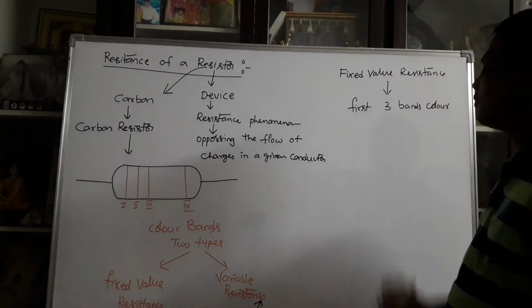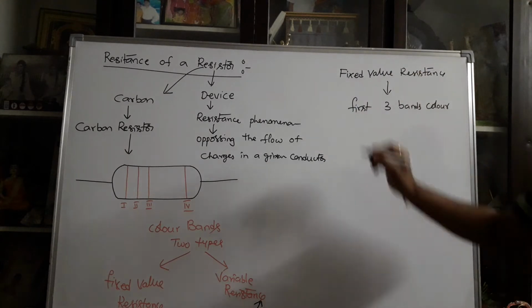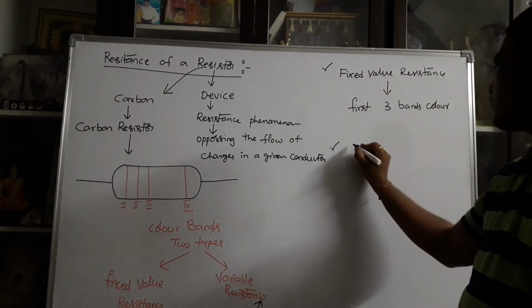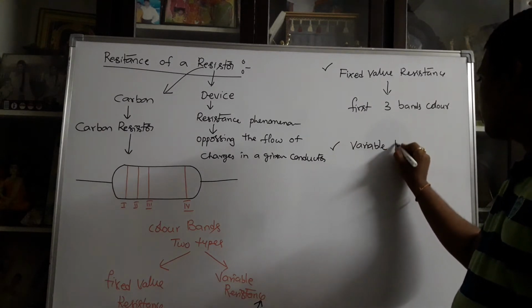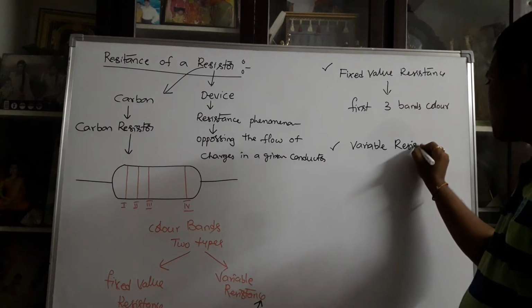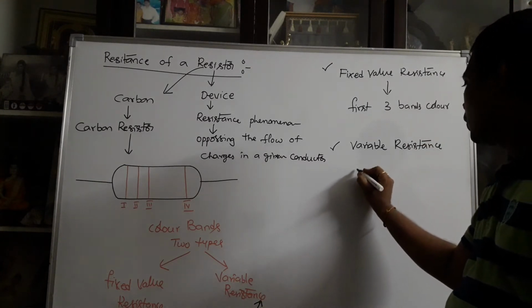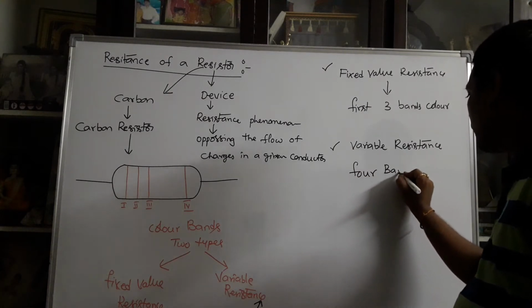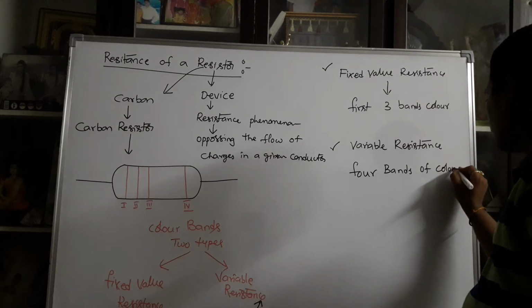Based on the first three bands, you can give the fixed value resistance. That is the first one. What about variable resistance? For variable resistance, they require the complete four bands of colors.